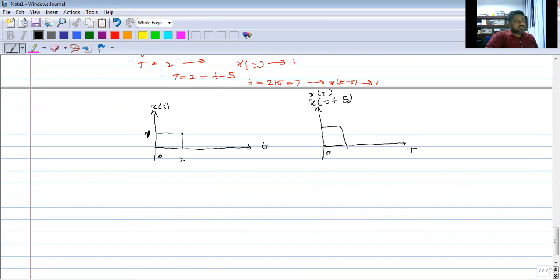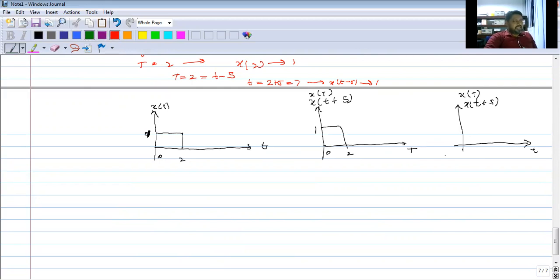So this is 0 to 2, it is 1 like this. But this is not what I want. I want to draw the signal x(T), or x(t+5), with respect to simple t.